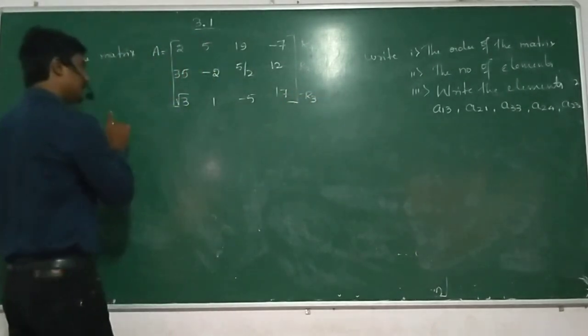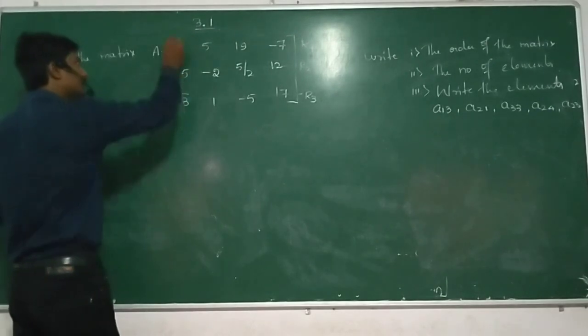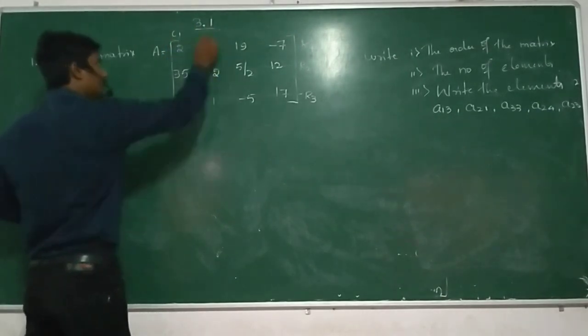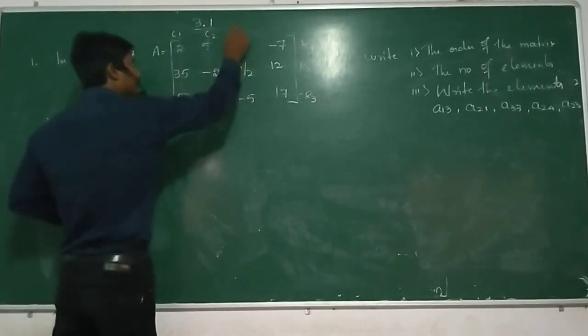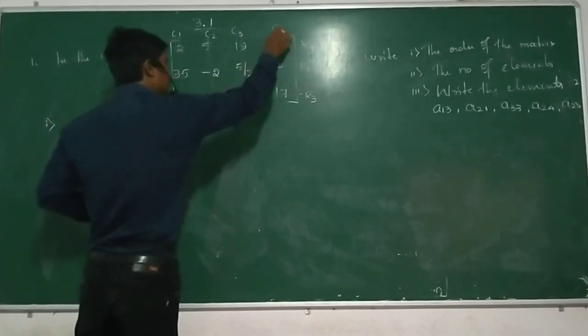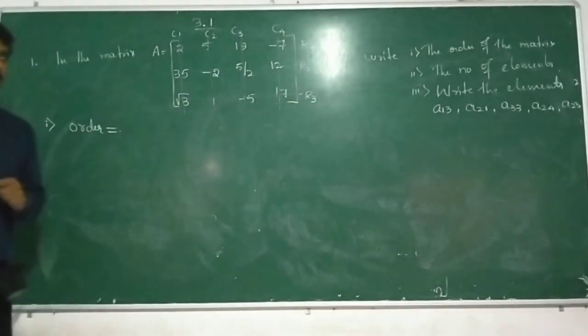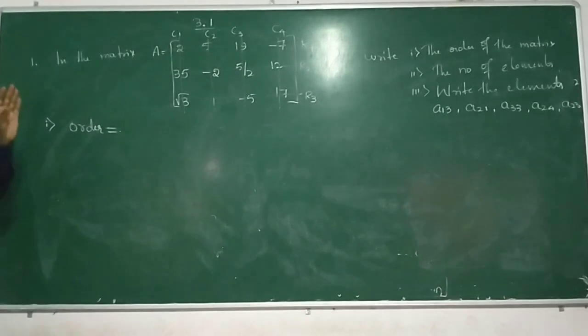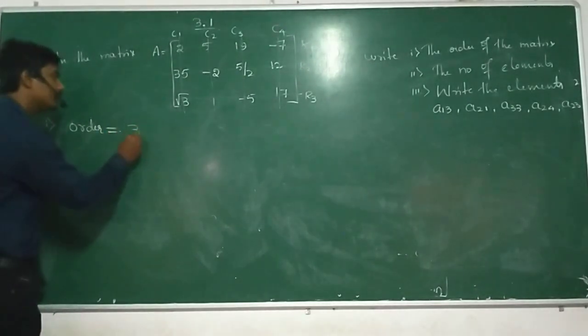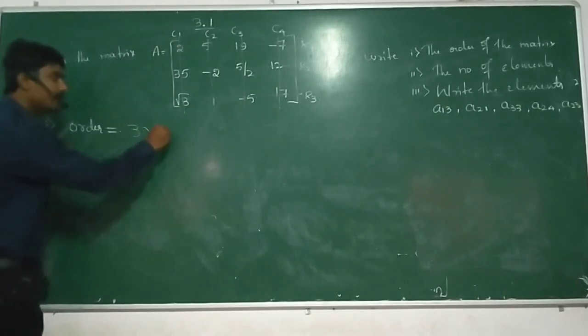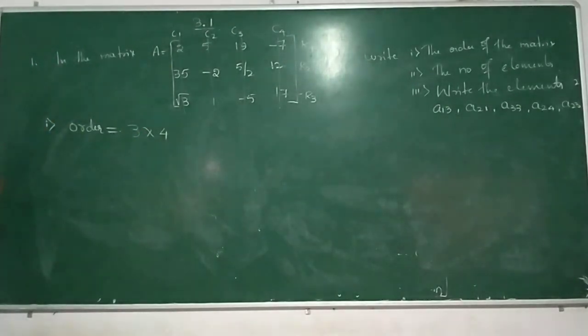So totally there are 3 rows. How many columns? Column number 1, 2, 3 and 4. So in this matrix totally there are 3 rows and 4 columns, hence the order will be 3 by 4.